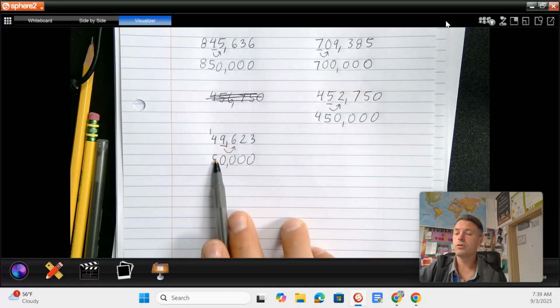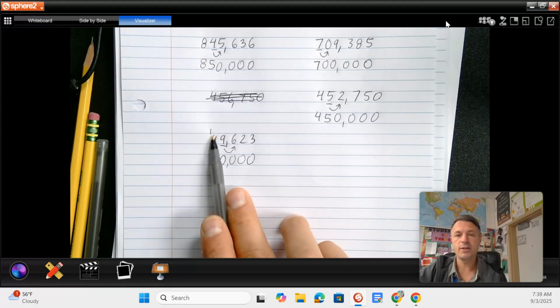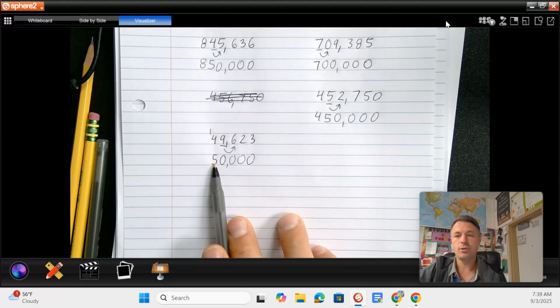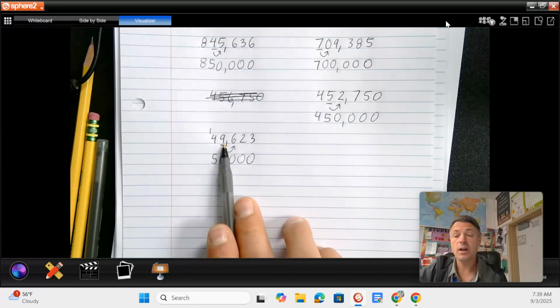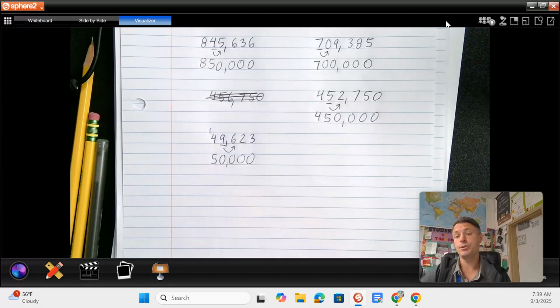So the 0 goes here, the 1 gets carried up above the next place value position, and it gets rounded up to a 5. So that's what you do when the place value position you have to round up is a 9, and when it gets rounded up, it becomes a 10, and you have to round up the next place value position too. So that's how that works.